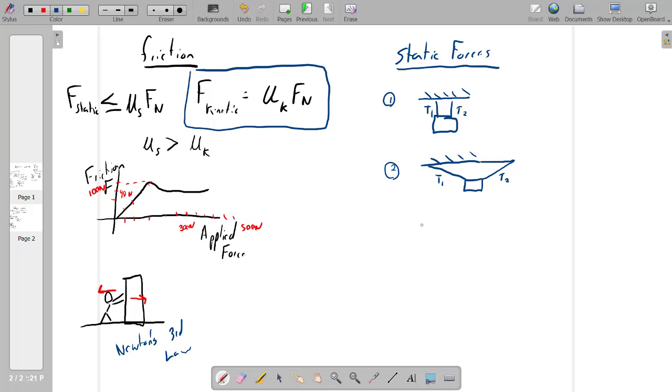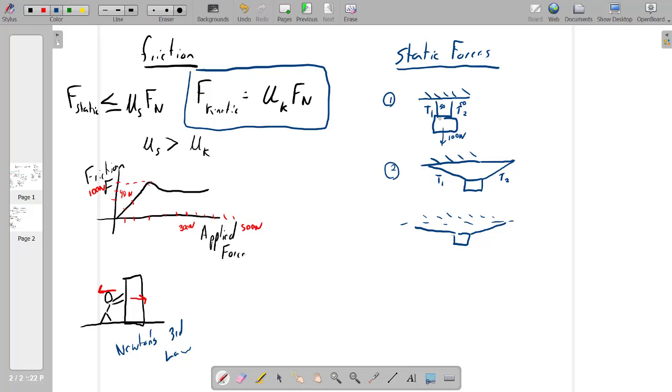Like think about it. Let's say that this had 100 newtons of force pulling down. This one would have 50 newtons on each side. But as you go steeper and steeper, it takes a lot more force to keep these stationary.